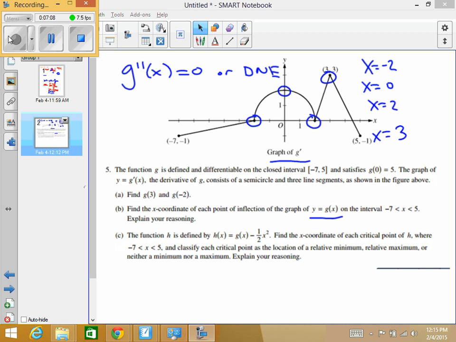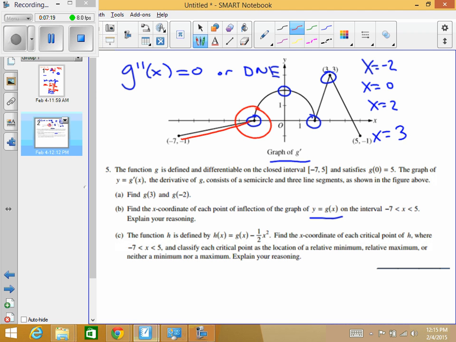Continuing with that idea that the second derivative is looking at the slope of the slope, or the rate of change of the slope, looking at -2, the slope of the slope goes from positive to positive. That's not an inflection point, so that one's gone. At x equals 0, the slope of the slope goes from positive to negative.